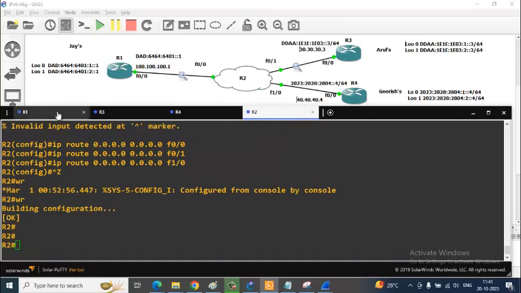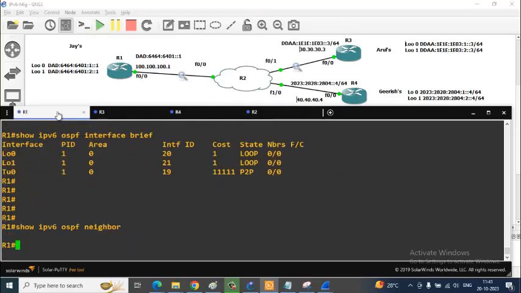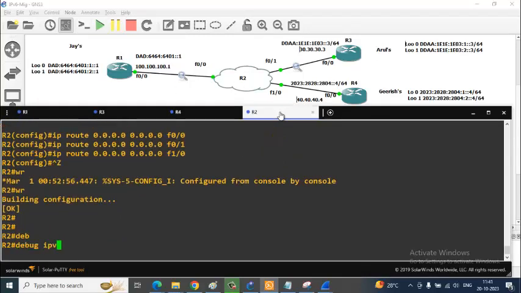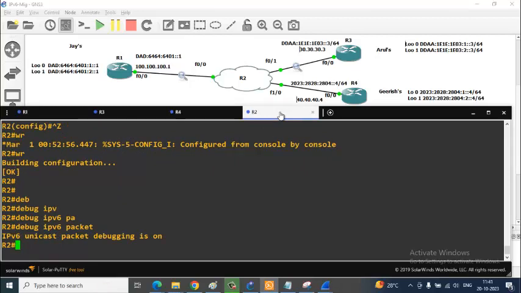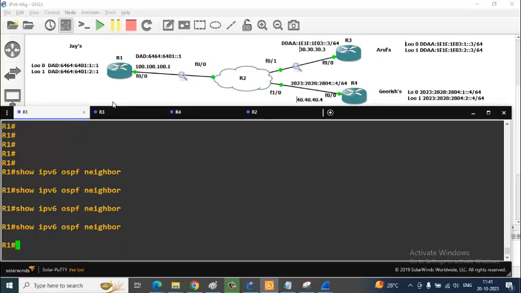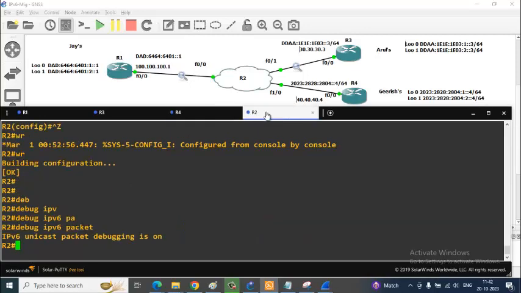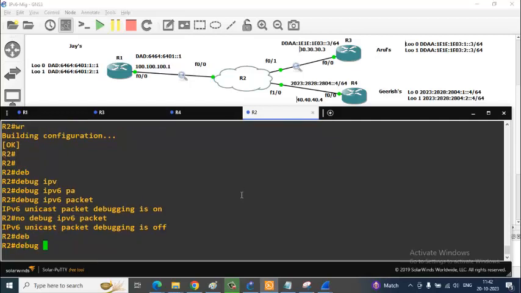Now let's go to R1. Debug IPv6 packets. Sorry, not debug IPv6, IP packets. In router 2, we don't have IPv6, debug IP packets.